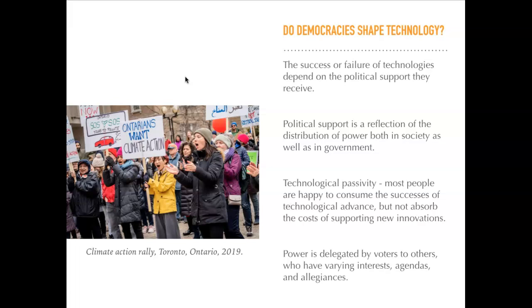Political support is also a reflection of the distribution of power within a society as well as in the government. So here again is the real power of the citizens to tell their government what it is that they want to be done with particular forms of technology. A good example of this are the climate action protests against fracking.